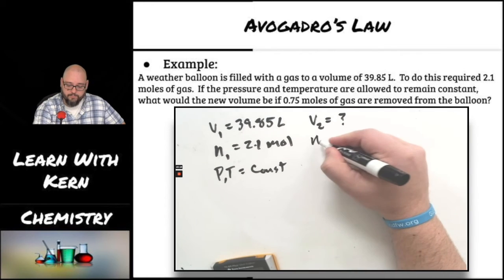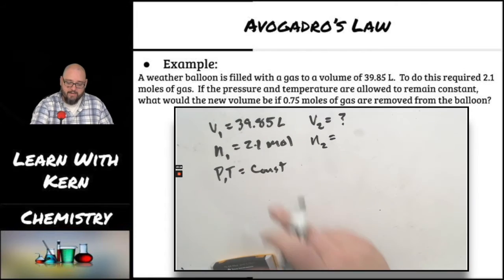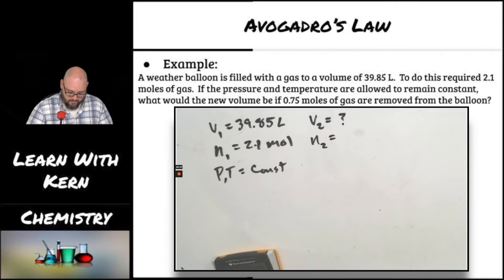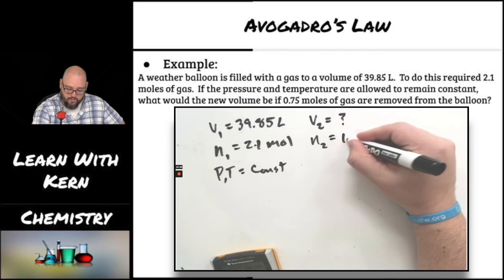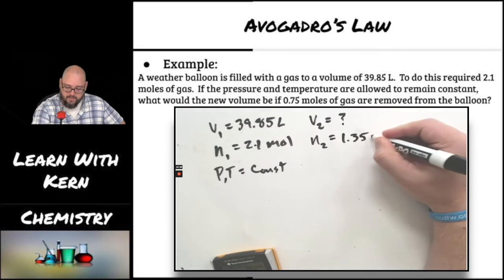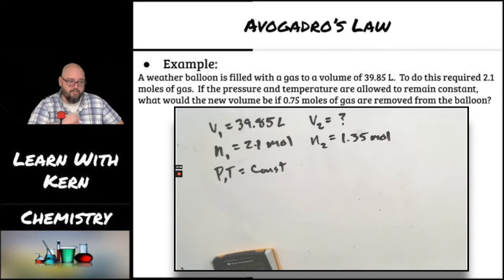If 0.75 moles of gas are removed, I have 2.1 moles and I'm going to remove 0.75. So I subtract 0.75 from this, and that tells me that I have 1.35 moles of gas as my new number of moles because I removed 0.75.